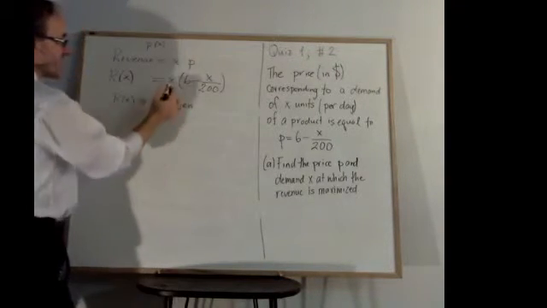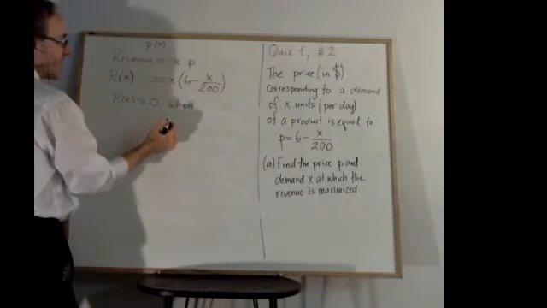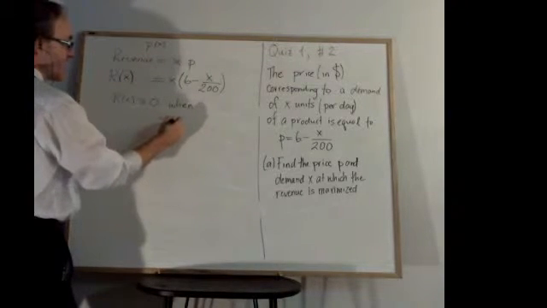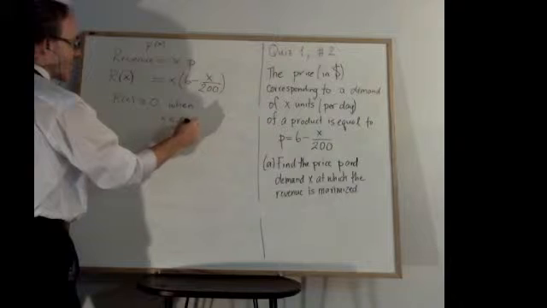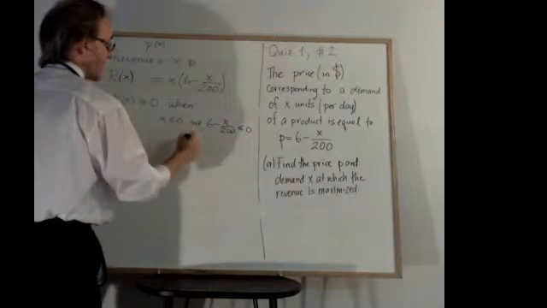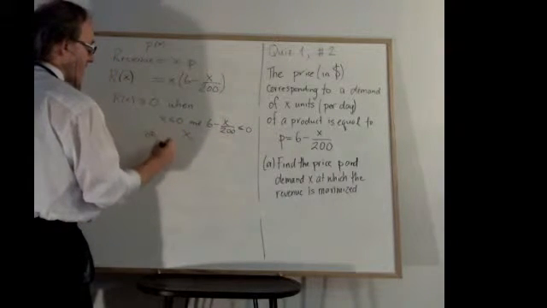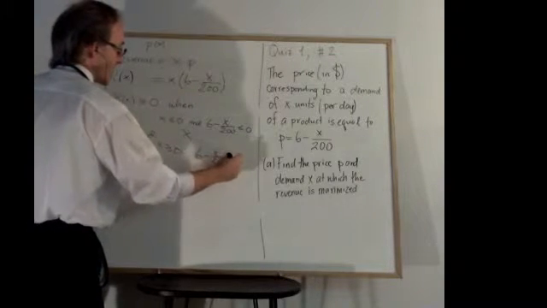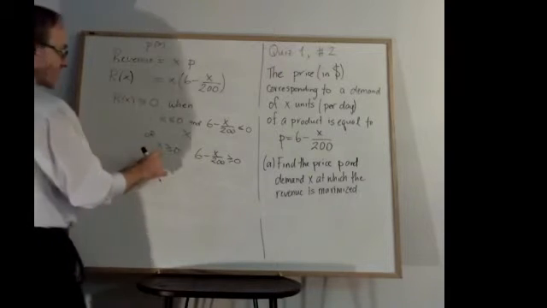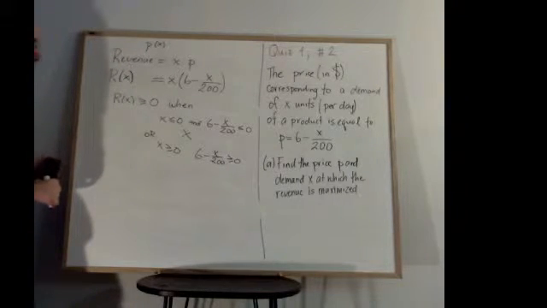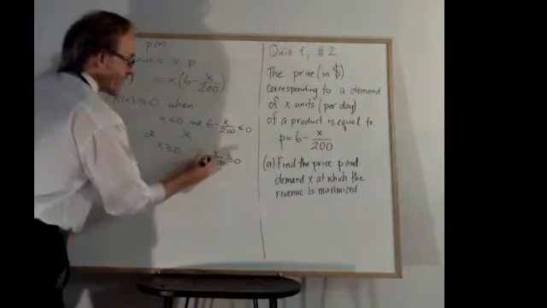When is it positive? Well, it's when both factors are positive or both are negative. But x cannot be negative. So that's out. Or x is positive and this other factor is positive. Okay. So this will work. So x has to be a positive number. You actually sell items. You don't take them in somehow. You're not buying them here from your customers.